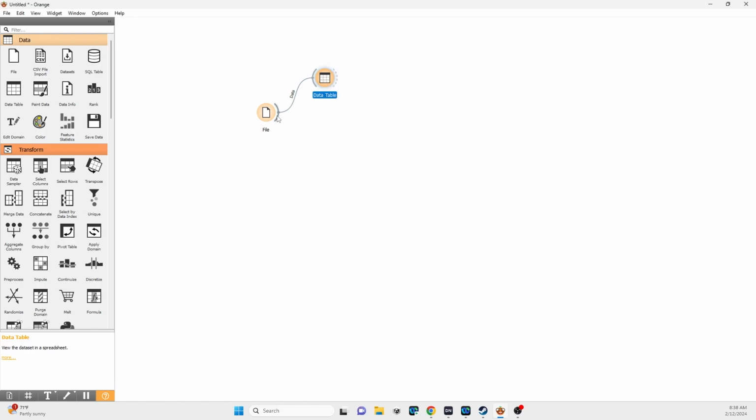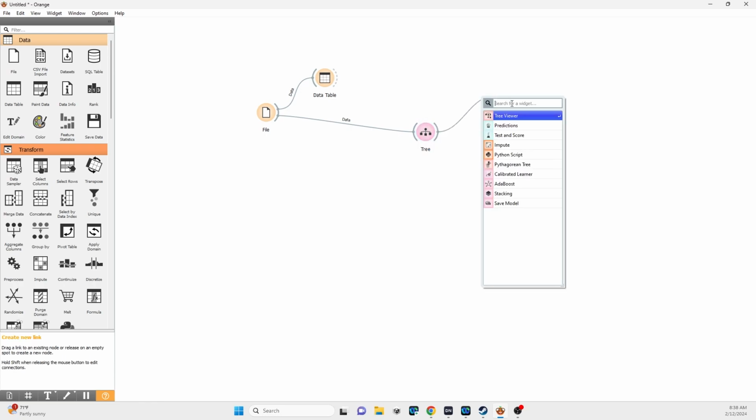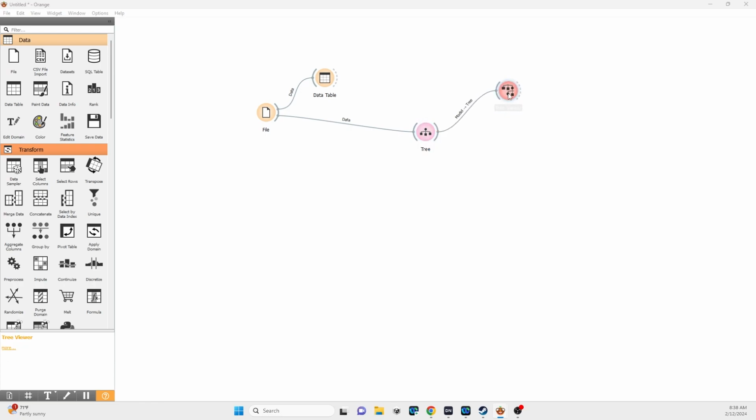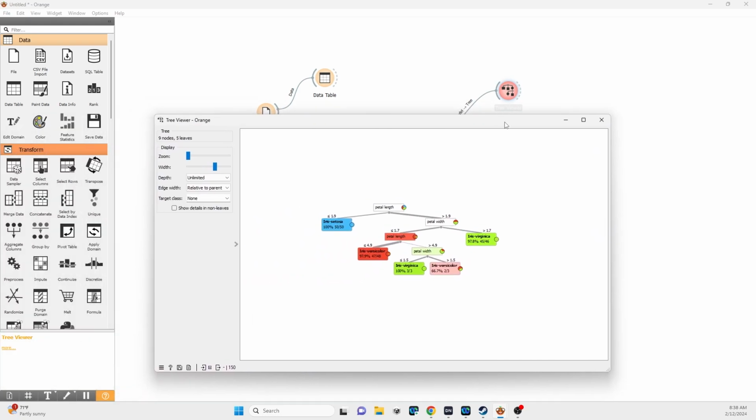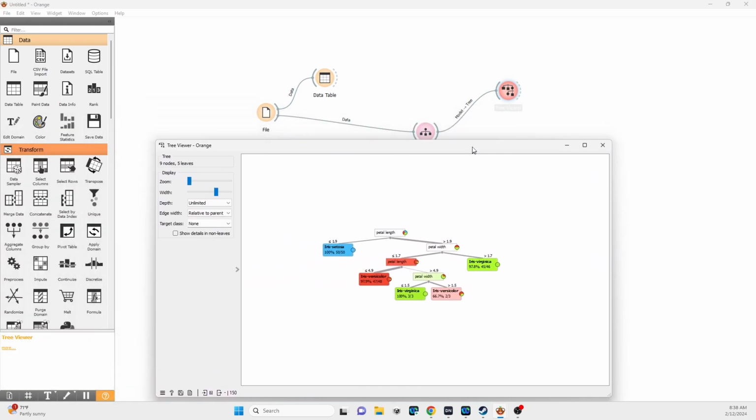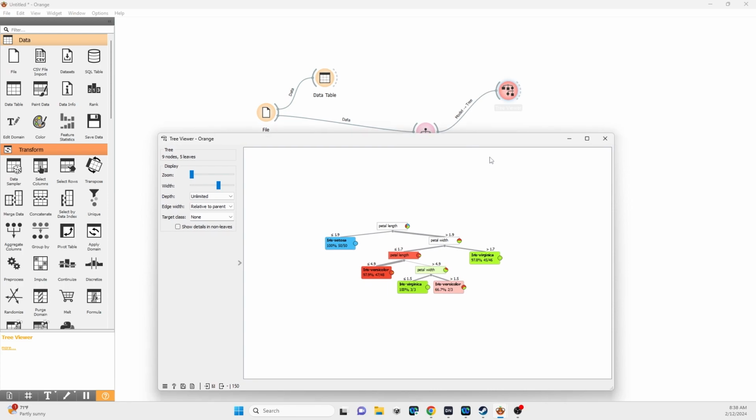So if we take this file and bring it into a tree, and then into a tree viewer, we can see how the decision tree is making determinations on what values are most important in determining what the species of flower is. You can see that it's chosen petal length and petal width as the two most important factors.